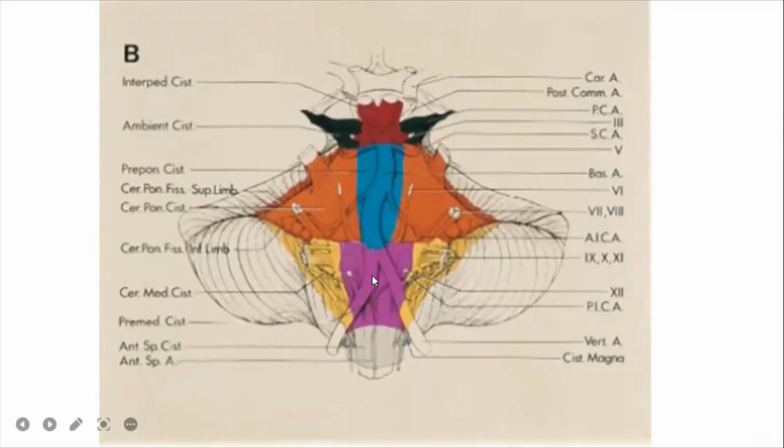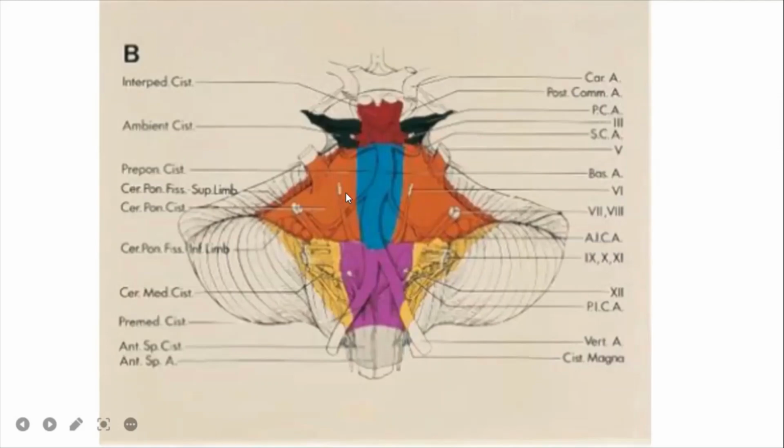At the tip, where the premedullary and the prepontine cisterns are linked, is the space where the basilar artery arises. The basilar artery ascends in the prepontine cistern and divides into the superior cerebellar and the posterior cerebral arteries in the interpeduncular cistern.